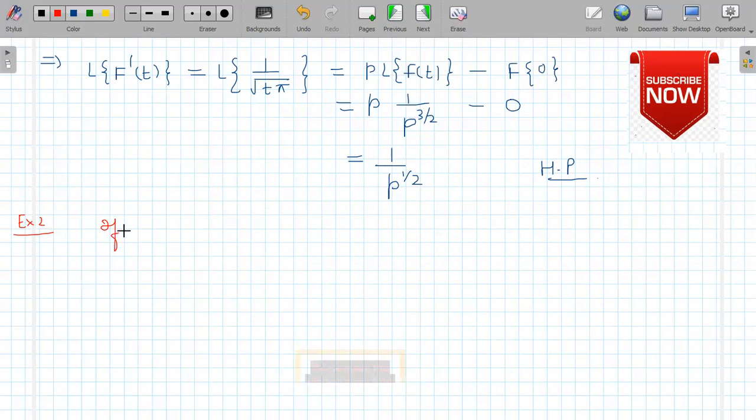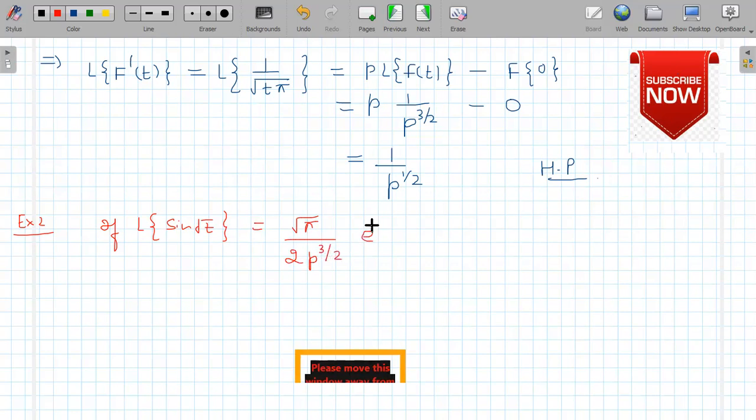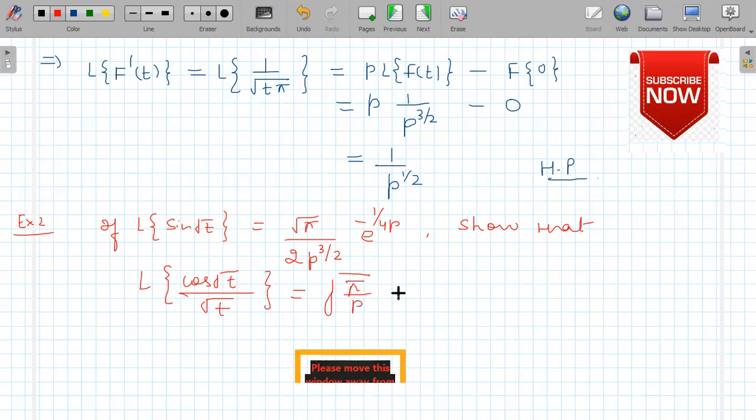If Laplace of sine of square root of t is square root pi over 2p raised to the power 3 upon 2 into e raised to the power minus 1 upon 4p, then show that Laplace transform of cos of square root t over square root of t is square root of pi over p multiplied by e raised to the power minus 1 upon 4p.